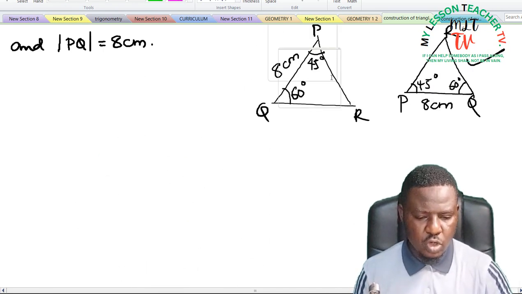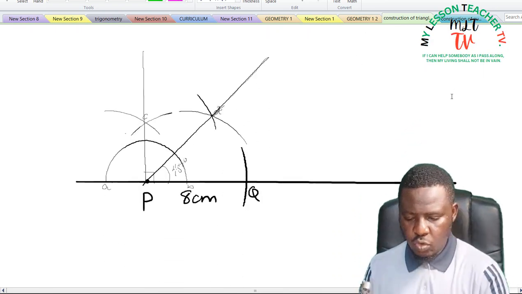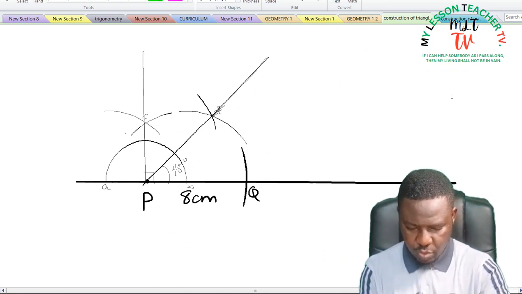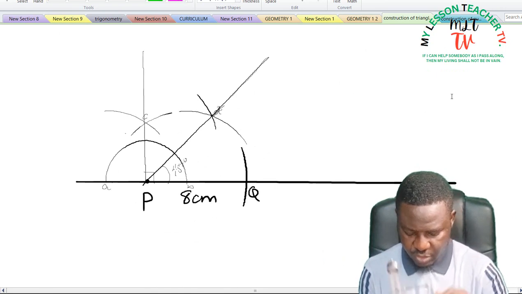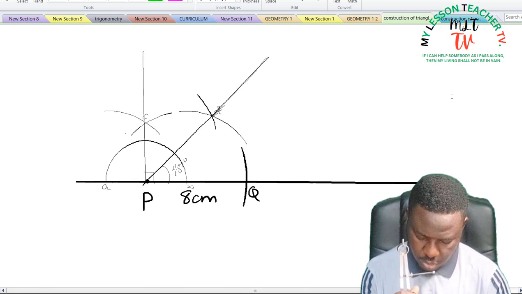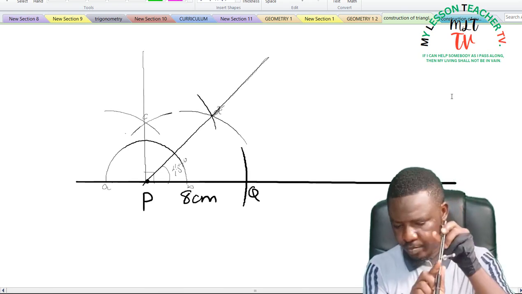Next, we have to construct angle 60 degrees. Also, with Q as center, you construct angle 60 degrees. So how do we construct angle 60 degrees? With any radius, you construct a semicircle.